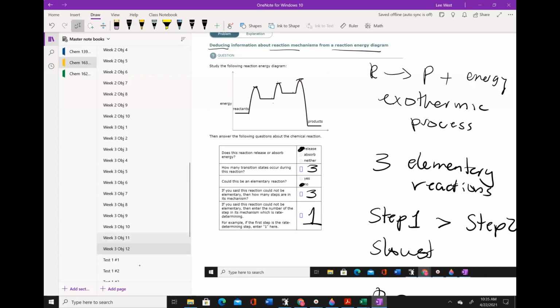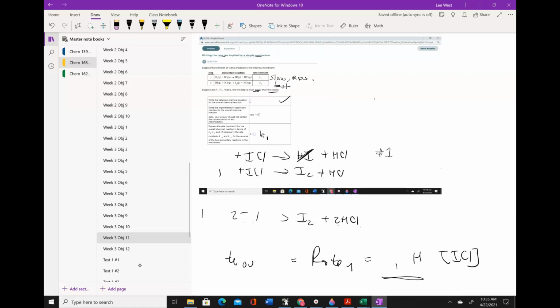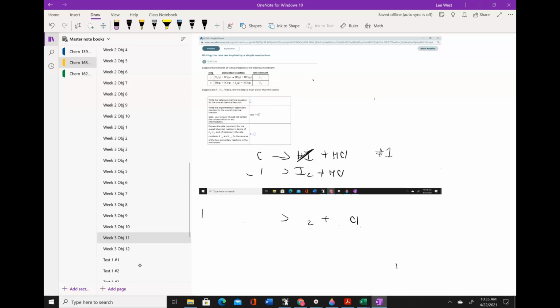Okay, as promised, I'm going to go back here, and we're going to do a problem where the second step is slow. Okay, so what we're going to assume here is going to ignore that information there where it tells you that the first step is slow, and we're going to assume that the second step is the slow one, and we'll work through that.